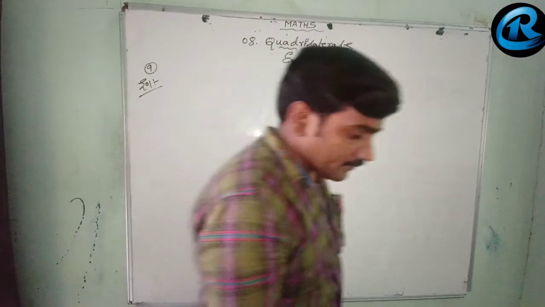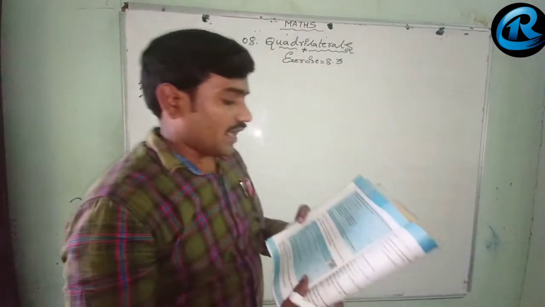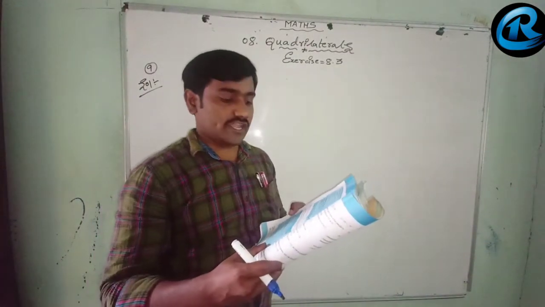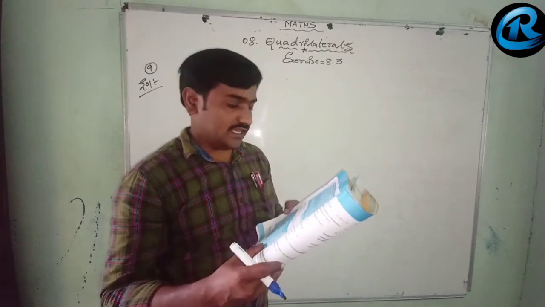Let us write that ABCD is a square and E, F, G, H are the midpoints of AB, BC, CD and DA respectively.